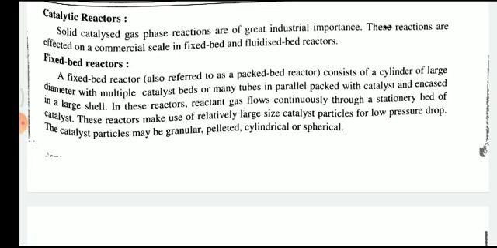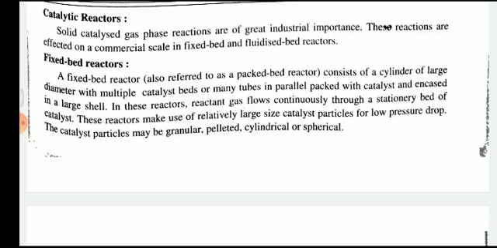A fixed bed reactor is also referred to as a packed bed reactor. Okay, both names mean the same: the fixed bed is either said as the packed bed reactor.